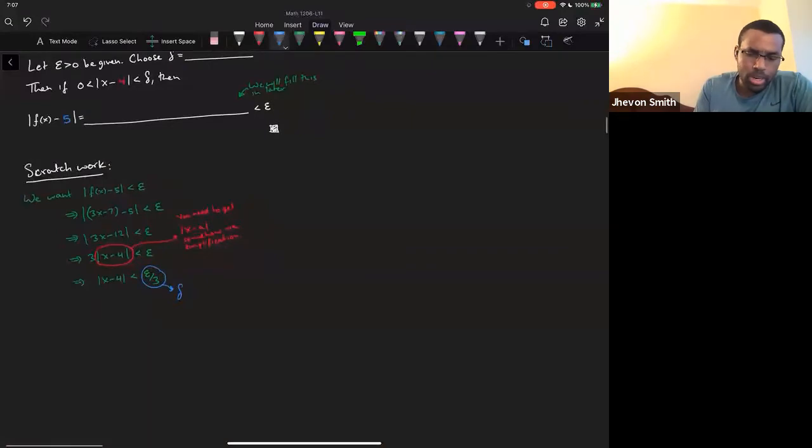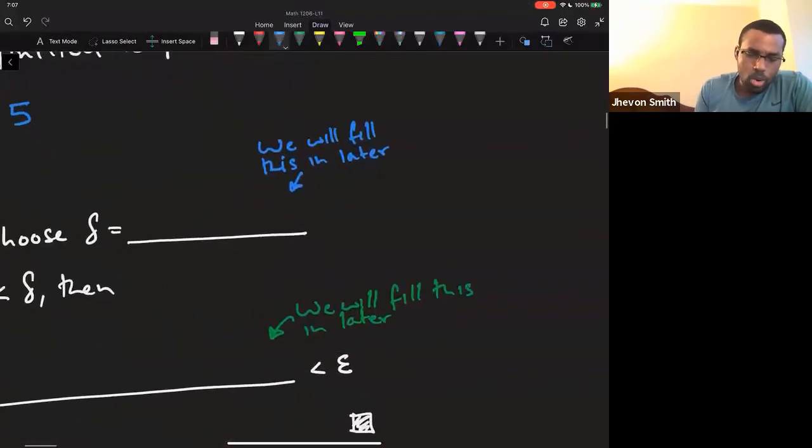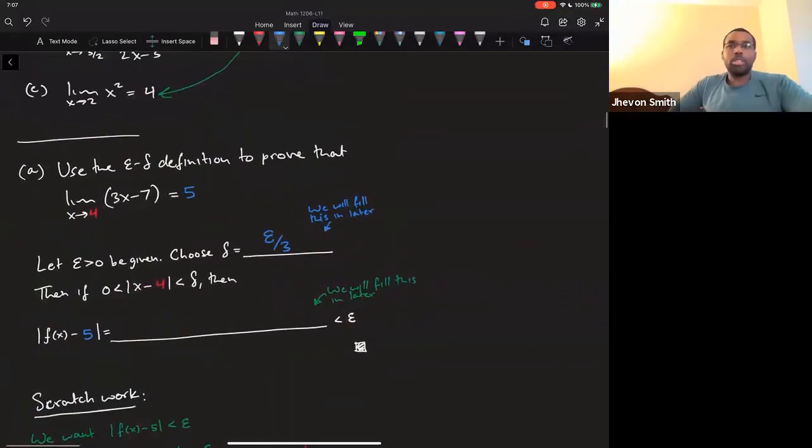So you're going to come up here and say, oh, choose delta equals epsilon over 3, right? So if someone comes and tells you, I want to be within 3 units of the y value, then you would say, just make sure your x values are within 1 unit close. I want to be within 1/3 of a unit of the y value?